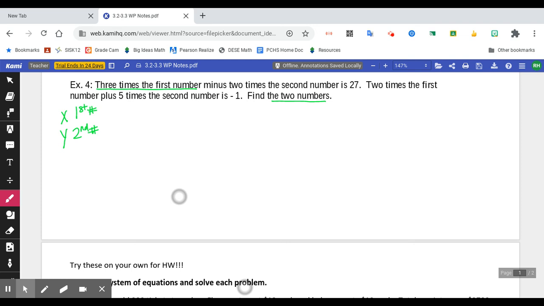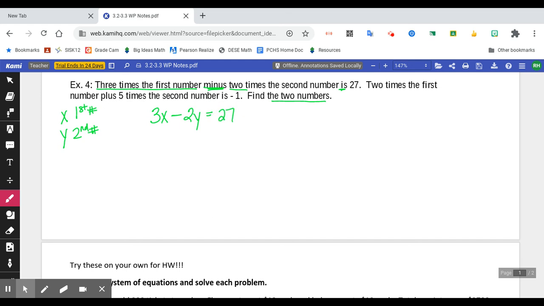3 times the first number, which is X, minus 2 times the second number, so 2 times Y, which is our second number, equals 27. There's your first equation.